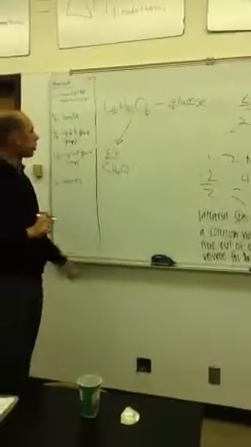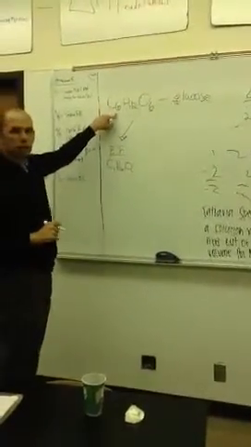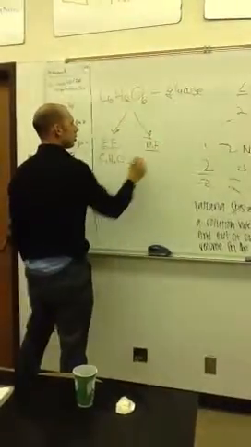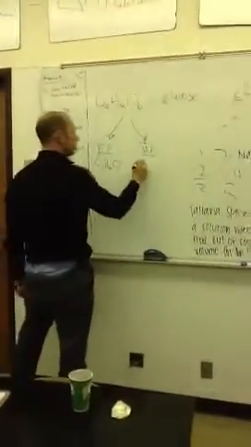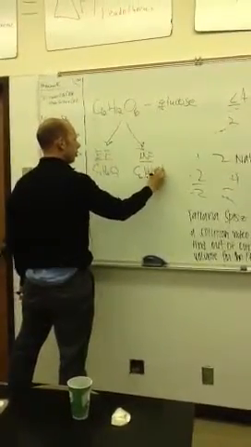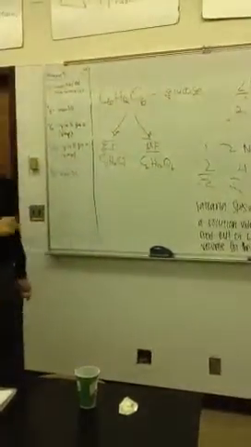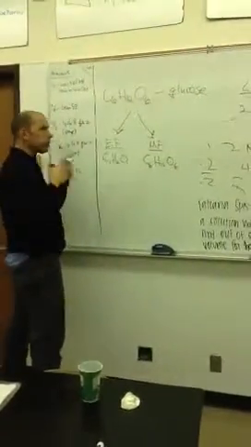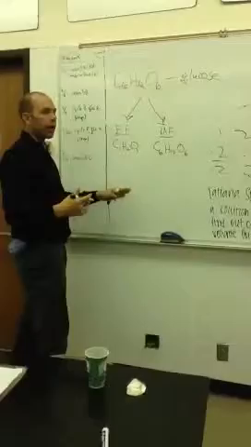That's its empirical formula because this is twice that. Its molecular formula is C6H12O6. So the point is that sometimes molecules actually exist at a higher number ratio than their simplest form.